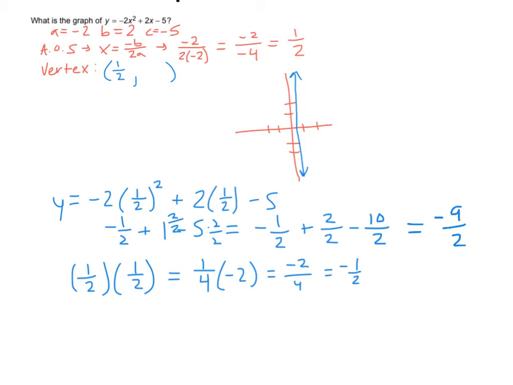And then what's 1 minus 10? -9. So we get a -9 on top, and we just keep our 2 on the bottom. Okay, so our y, we get -9 over 2.